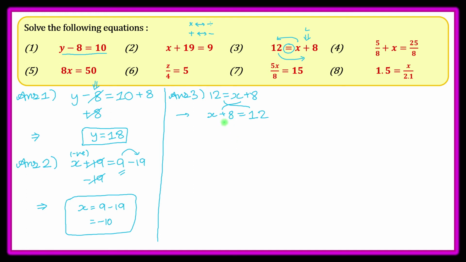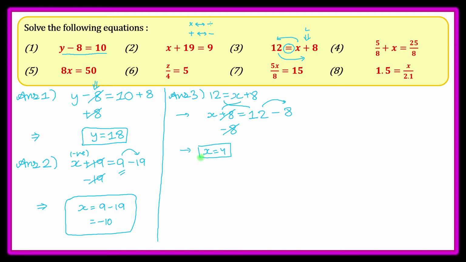Now the inverse operation of addition is subtraction, so I have to subtract 8 from both sides. Remember to put the second number at the second place only. Don't replace the first number. So it will come at the right side only, don't put it at the left side. So here plus 8 and minus 8 will get cancelled out. We get the answer x equal to 4. So it is a very easy question.